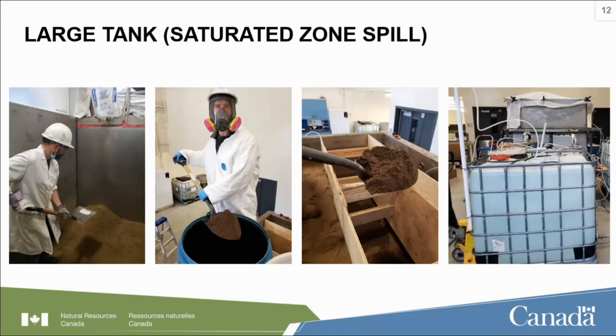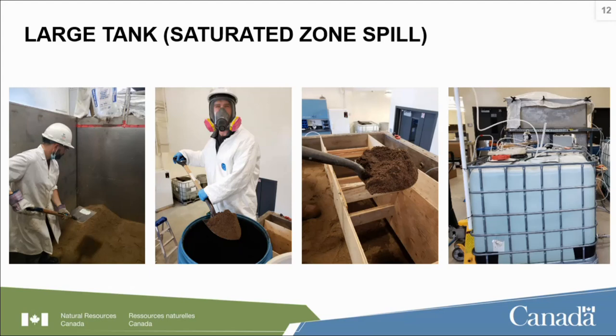So here's a large tank experiment, also carried out at INRS. We had sand from a quarry near Quebec City, and we filled this large tank up, and we made our source zone by adding about 20 liters of dilbit, 16 kilograms. We placed it in this box, and then we opened the box up. It was homogenized.